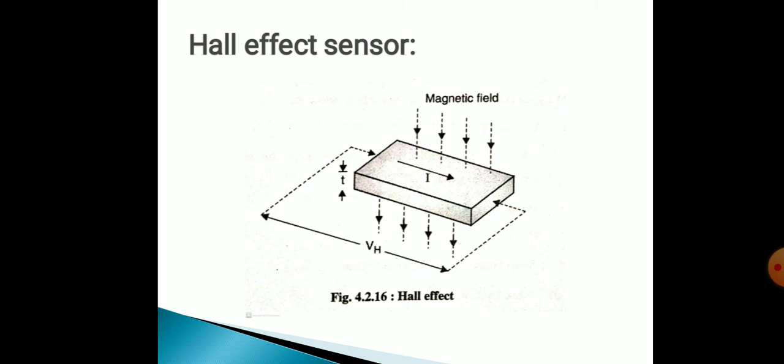The Hall effect sensors are made of germanium, silicon, etc. The popular sensor in the market is the UGN series by National Semiconductors. It gives 10 mV per Gauss, where 1 Gauss equals 10 raised to minus 4 Tesla.